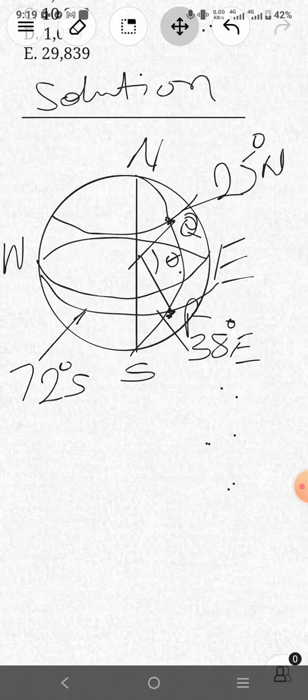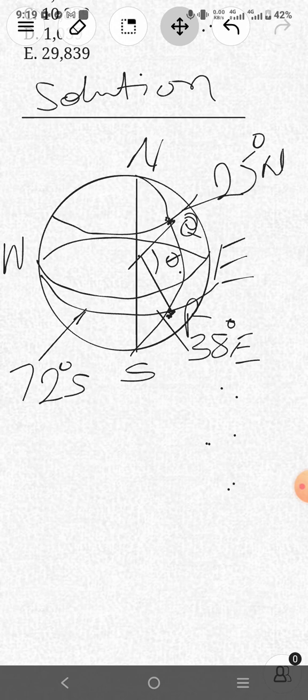So let me scroll up and solve. We have north and south. We have 25 degrees north and 72 degrees south.